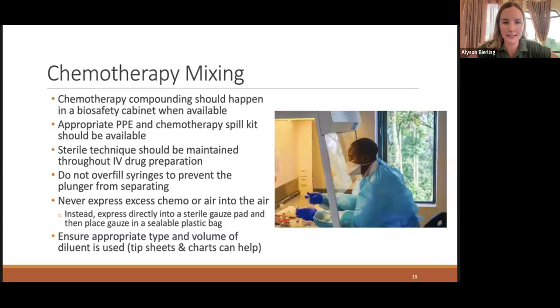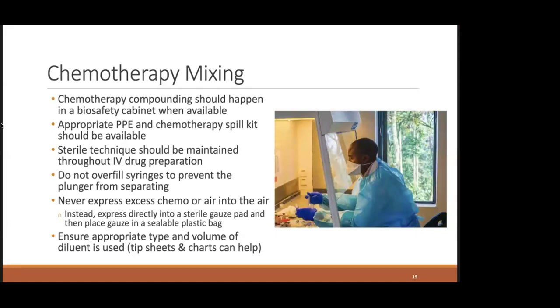All right, so let's talk a little bit more about chemotherapy mixing. Ideally, chemotherapy mixing, or sometimes we say chemotherapy compounding, should happen in a biosafety cabinet, which you can see in the photo on the slide, when available. I think there were plans in place in Liberia to see if procurement of one of these hoods could happen.